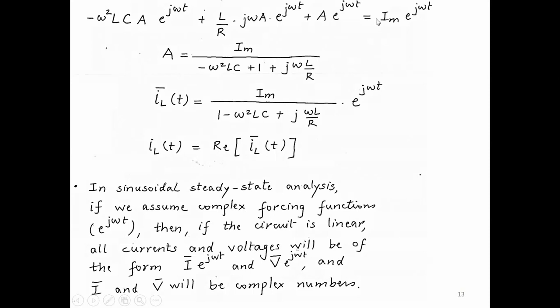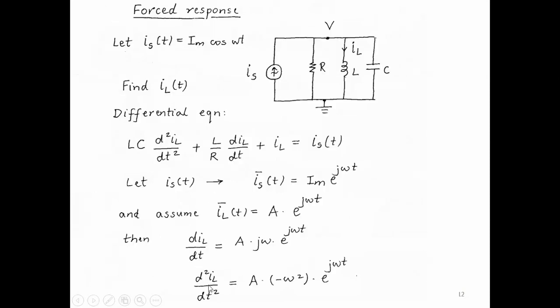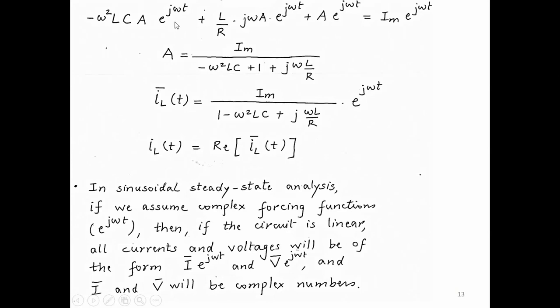So this is a big expression, so let us go through it. d2IL dt squared is A minus omega squared e raised to j omega t, so we get minus omega squared LC A here. L by R into A j omega comes here, and IL will be simply A, and the e raised to j omega t, of course, will cancel.